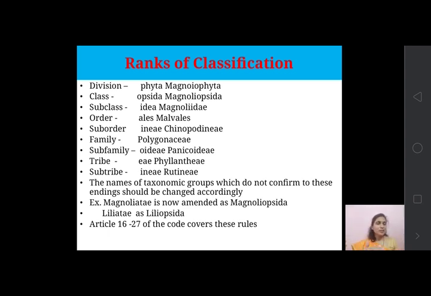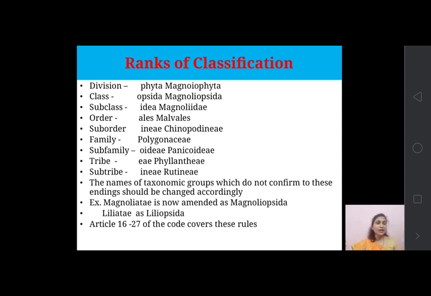Similarly, order always ends with a suffix that is -ales. So Malvales is an order because it ends with -ales. Then suborder always ends with the suffix -ineae, for example Chenopodineae.